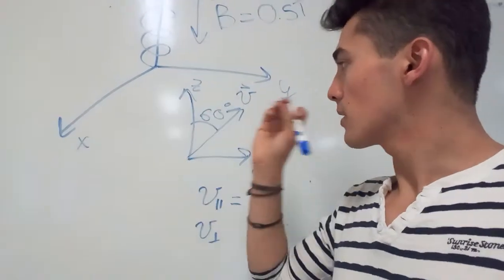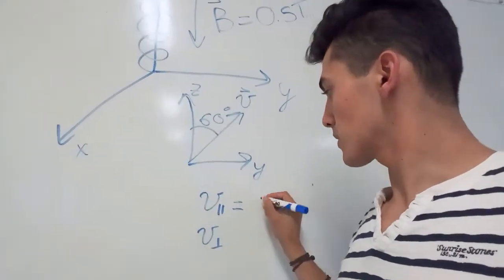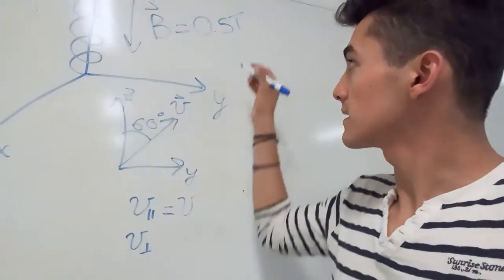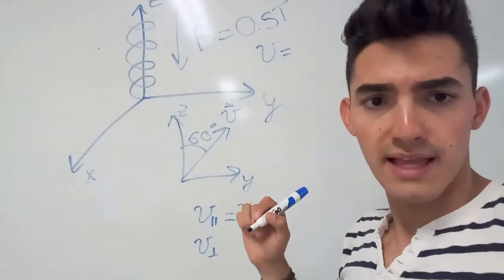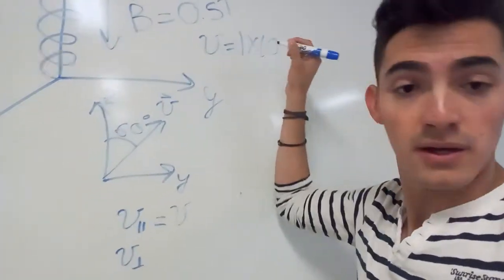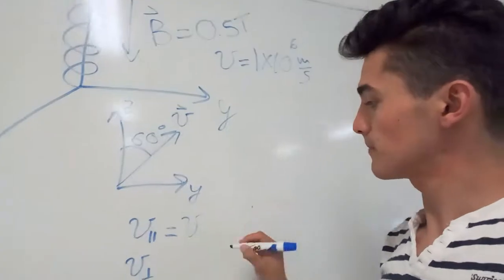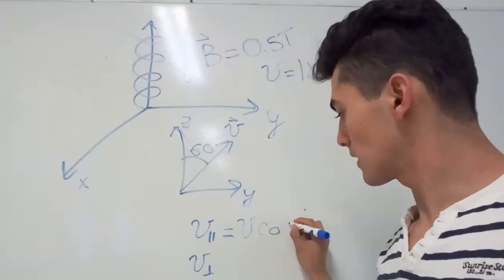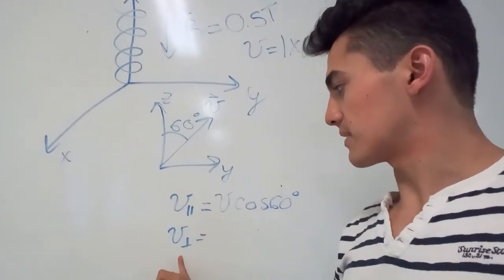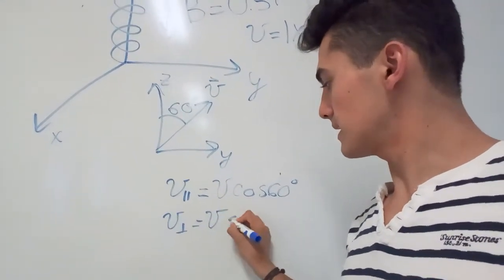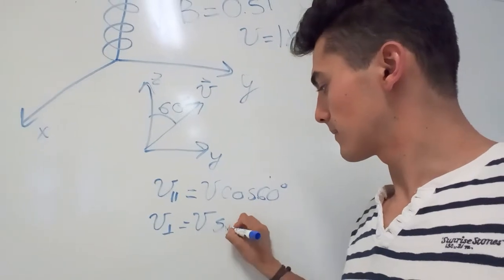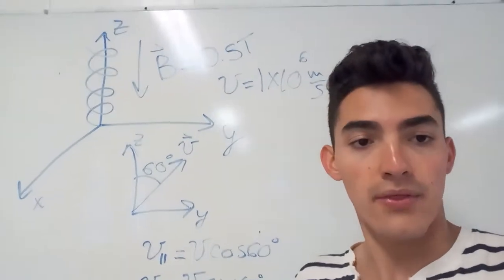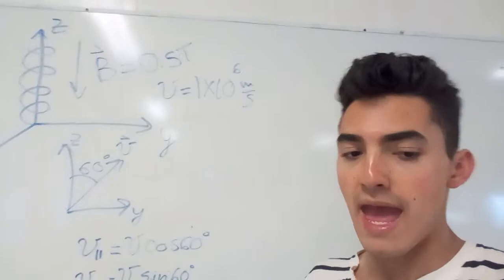The parallel velocity will be along the z-axis, so it will be equal to our velocity that was given to us, 1 times 10 to the 6 meters per second, times the cosine of 60 degrees, and our perpendicular velocity will be equal to our velocity times the sine of 60 degrees.